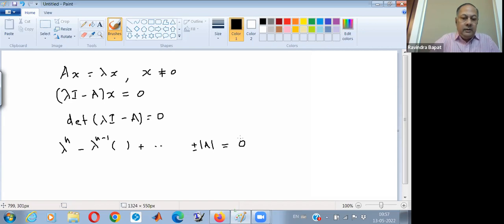This is called the characteristic equation, and the left hand side is the characteristic polynomial. Then we resort to the fundamental theorem of algebra, that any polynomial with complex coefficients of degree n has n roots. Roots may not be distinct, but those are called the eigenvalues, and they exist because of the fundamental theorem of algebra.